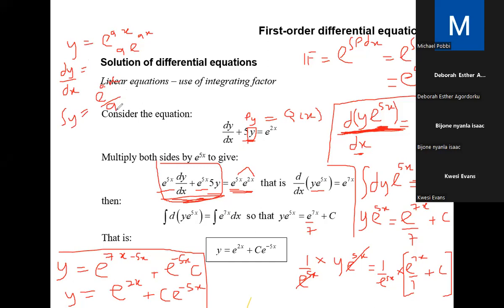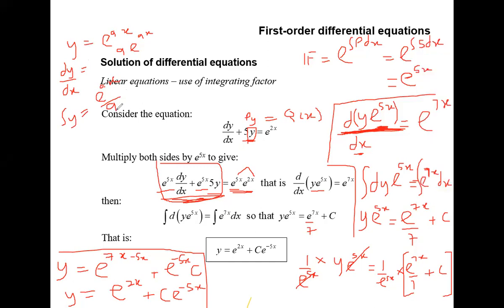Good. So whereas differentiation is multiplied by the constant, integration is divided by the constant. Here you don't add 1 to the exponent. You only divide by the constant. Okay, good. I hope I've addressed your question, Debbie.